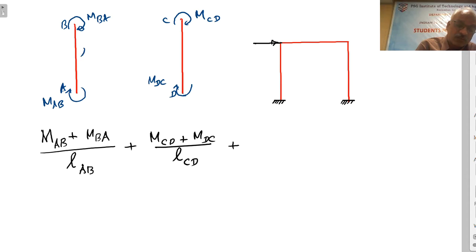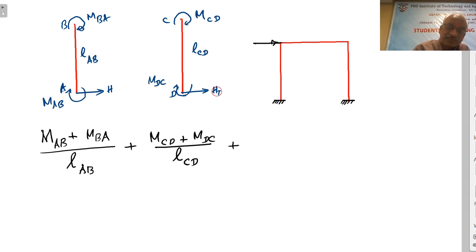And this is LAB or L1. This is LCD or L2. So when these moments are clockwise, the horizontal reaction will be towards right, HA, HD.